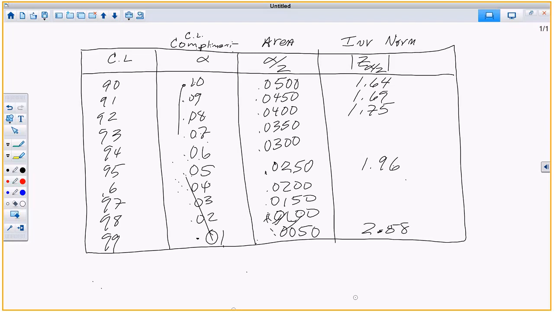Thank you. 1.81. 0.0300. 1.88. 0.0200. 0.0150. And the last one, 0.0100, 2.50. 0.0050, I guess it starts to level out.